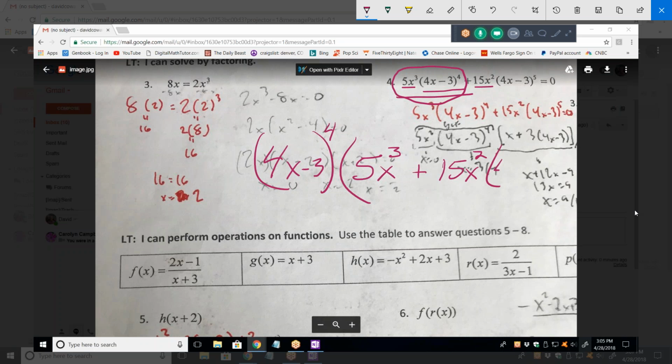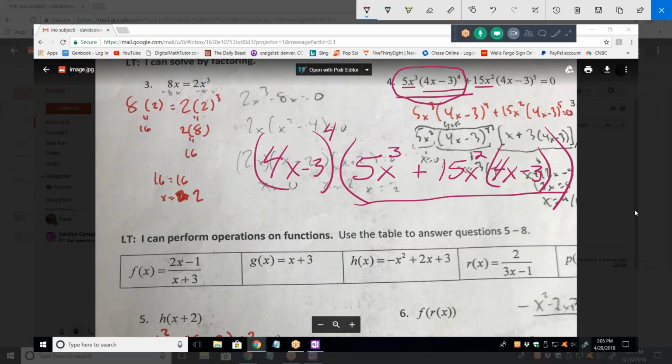Right. 4x minus 3 to the 1. So that's the result of the first factor. Now, let's do a second factoring. In other words, let's look at this term here. What can we factor out from that?